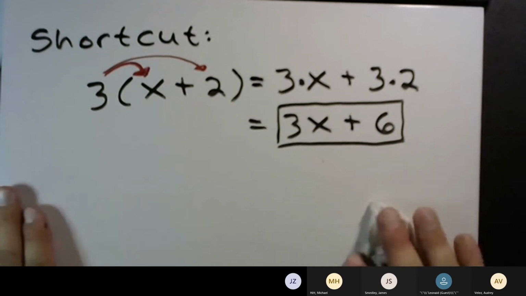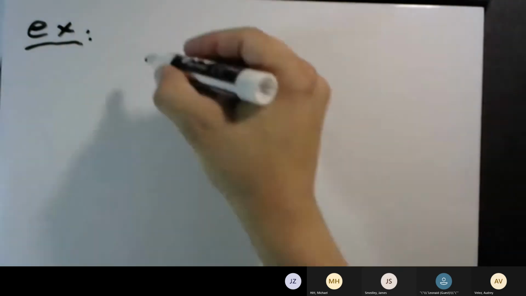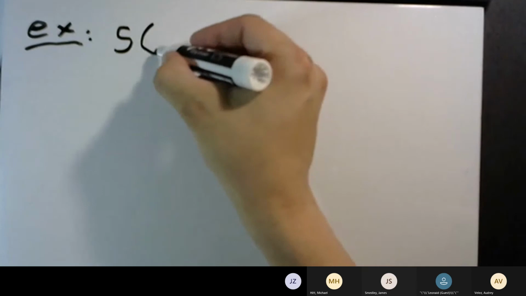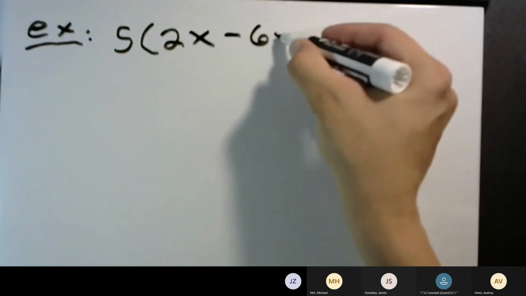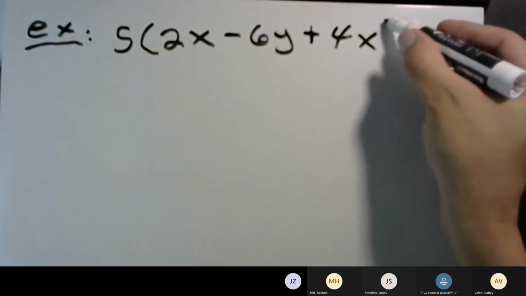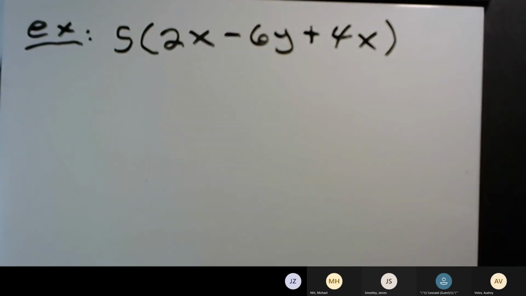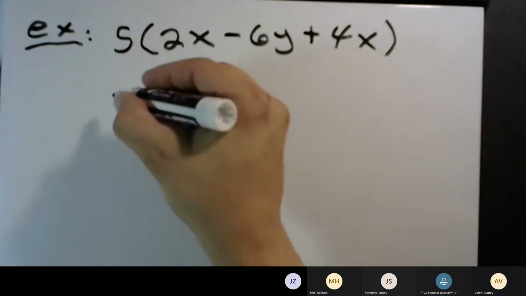All right, so let me do an example. Now, something like this, if you want, you can combine like terms in the parentheses first.